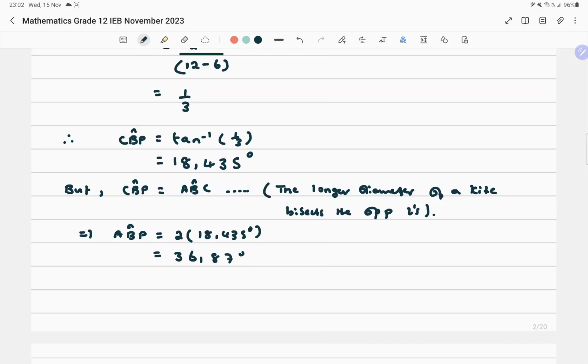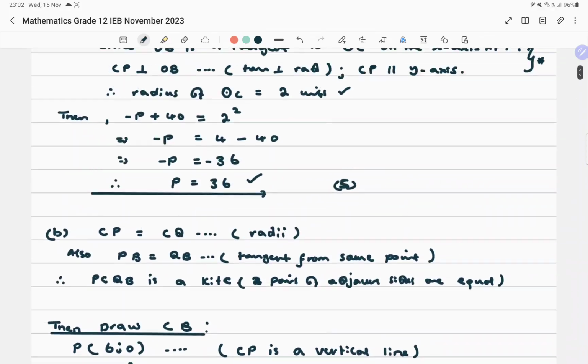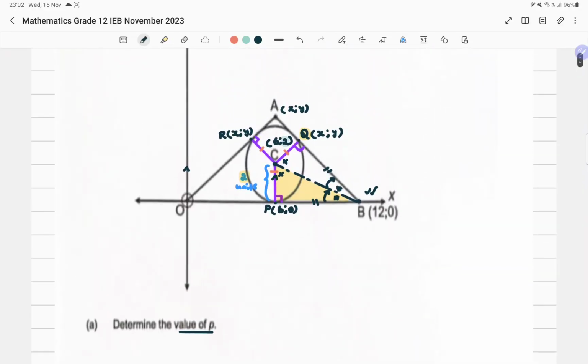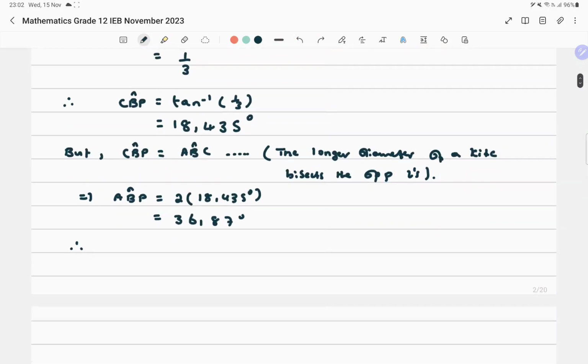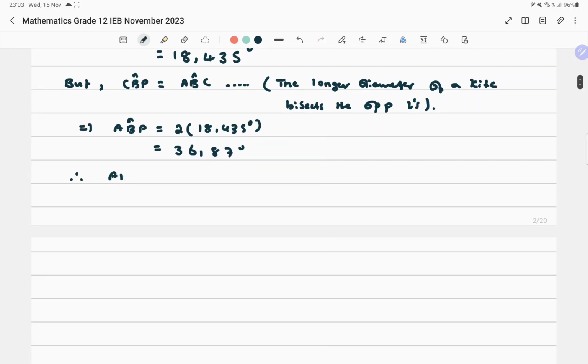We're not done. We can say therefore, now what is the angle we're trying to get to? We're trying to get to ABX. So this means angle ABX is going to be equal to 180 degrees minus 36,87 degrees. Why are we saying that? These are angles on a straight line.